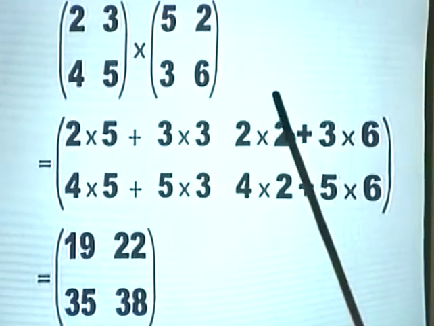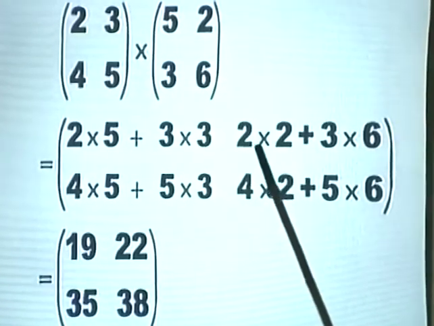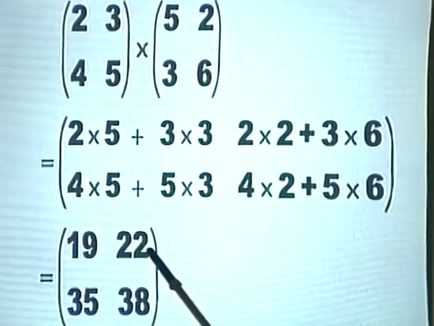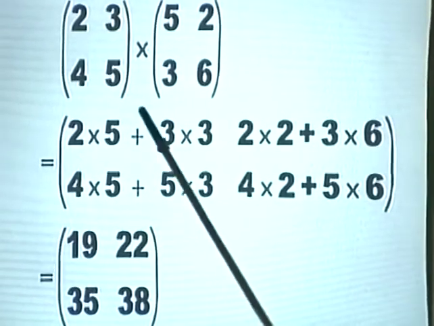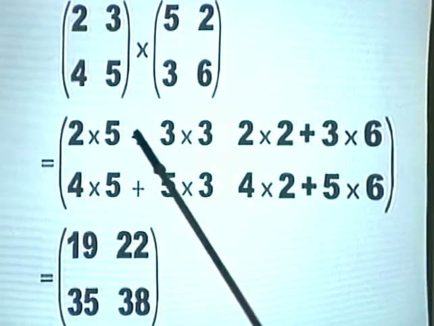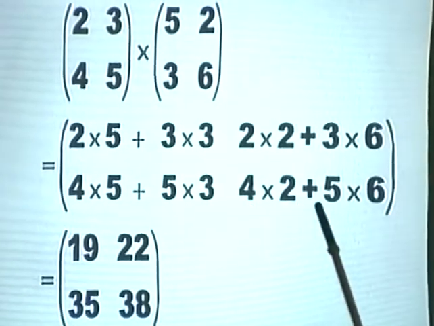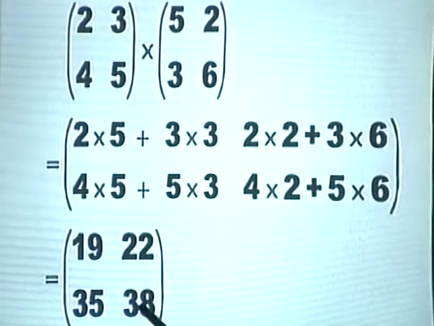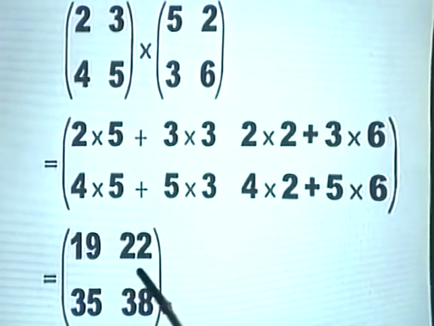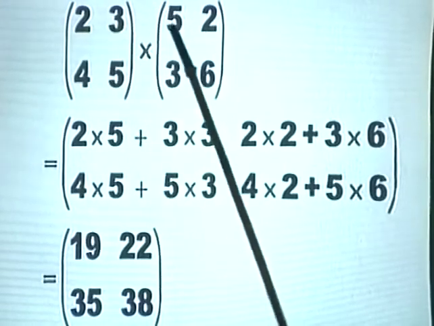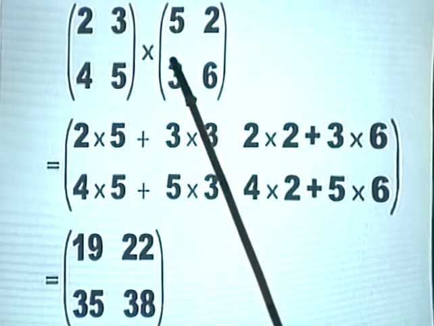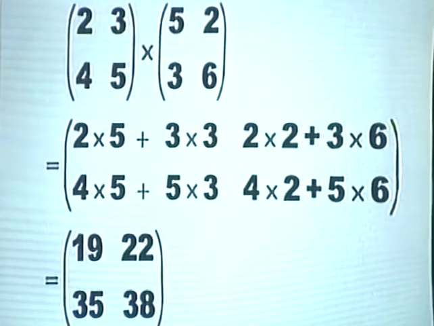Okay, 2 times 2 is 4. 4 plus 18 is 22. Okay, then 4 times 2 is 8. 5 times 6 is 30. 8 plus 30 is 38. So this is the answer when you multiply these 2 matrices. Okay, take note of how it's done.